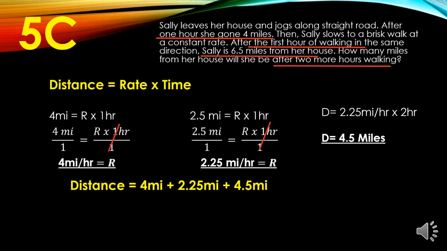So to answer the final question of how many miles from her house she will be after 2 more hours of walking, you have 4 miles, 2.25 miles, and 4.5 miles. That will give us 10.75 miles in distance. So that's how far she could go from her house while jogging along a straight road.